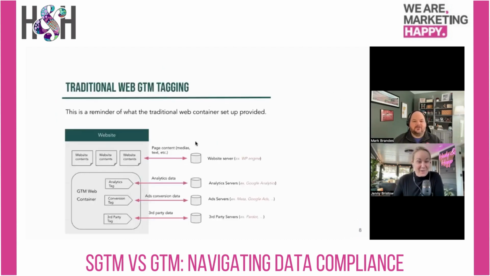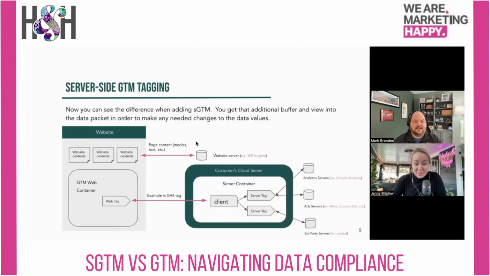So again, reminding you just real quick, because I feel like it's good to do a quick switch here. This is our traditional web tag we just talked about. So now when we switch to sGTM, you can see the change that happens, right? Instead of all those individual tags sending their data straight to each platform, now all of that data is going to your cloud server instead, inside of your sGTM container.